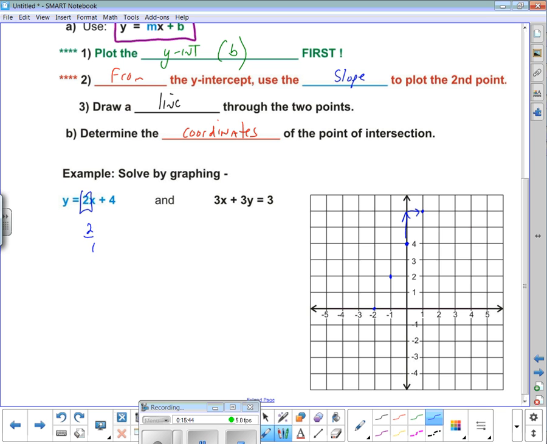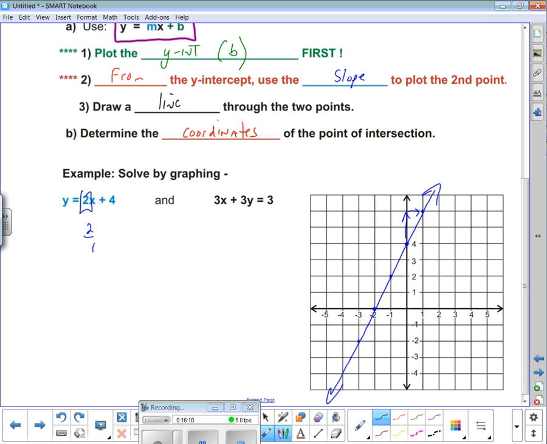Down 2 and to the left 1. See how I'm lined up? Because look, we're after a point of intersection. And one of the negatives of graphing to find the solution is you got to be accurate. And the solution isn't always a point with whole number coordinates or integer coordinates. All right, so that's the blue one.